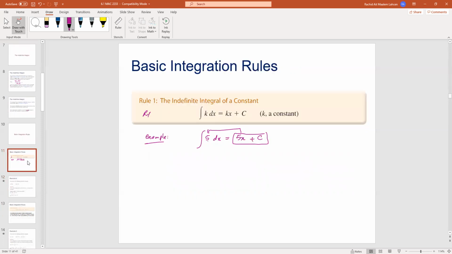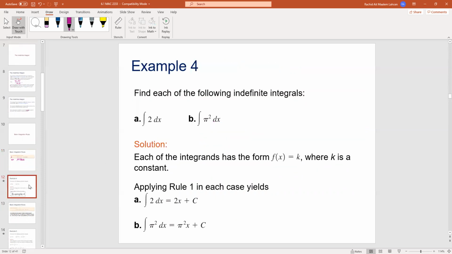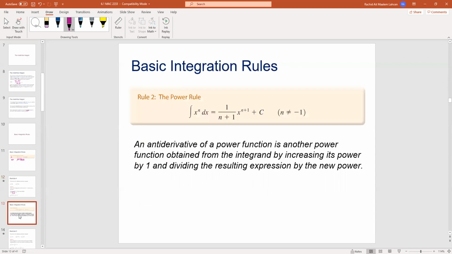So we say that 5x is the antiderivative here. And similarly, for a 2, the answer is 2x, because if you differentiate this, you get a 2. So the answer is 2x plus c. Pi is also a number, so pi x plus c.